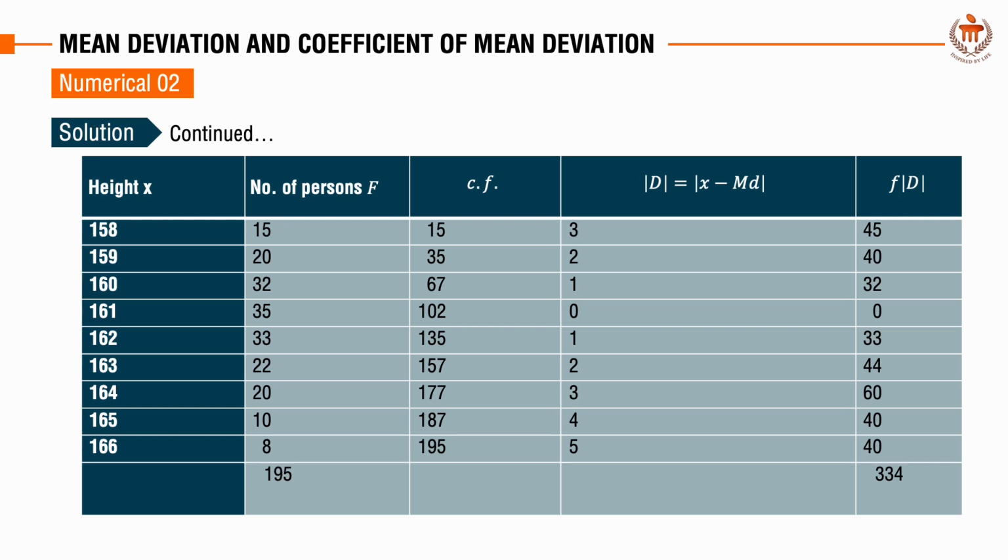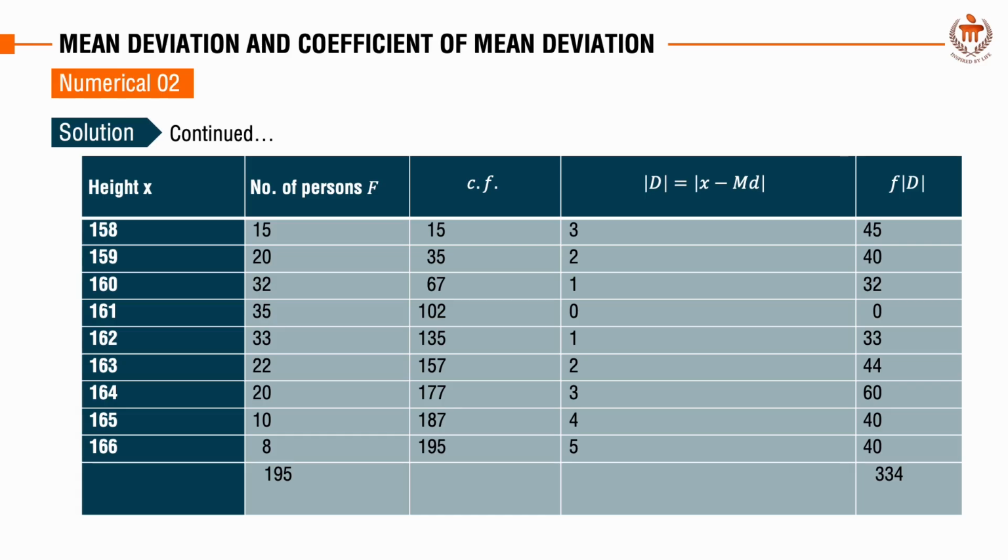From the frequency, we find the cumulative frequency: 15, 15 plus 20 is 35, 35 plus 32 is 67, 67 plus 35 is 102, 102 plus 33 is 135, 135 plus 22 is 157, 157 plus 20 is 177, 177 plus 10 is 187, 187 plus 8 is 195. So we got the cumulative frequency here.